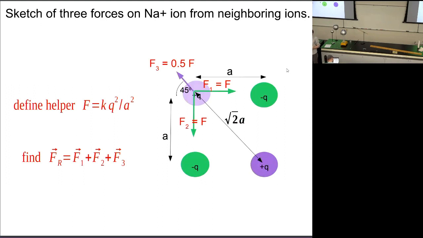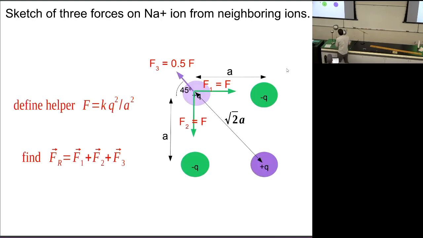As I work through summing up the 3 forces, I'm going to keep meeting this product: the Coulomb constant times the product of the charges divided by A squared, the separation between the nearest charges. I don't want to keep writing that down. KQ squared over A squared. So I just called it F with no subscript. That's just a symbol representing that combination.